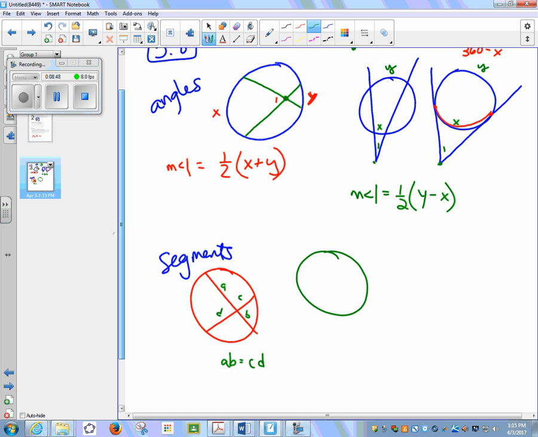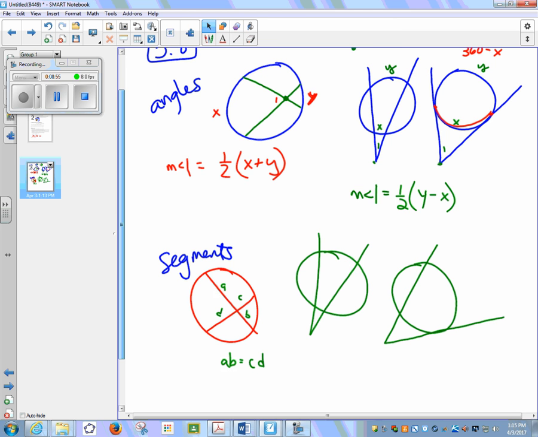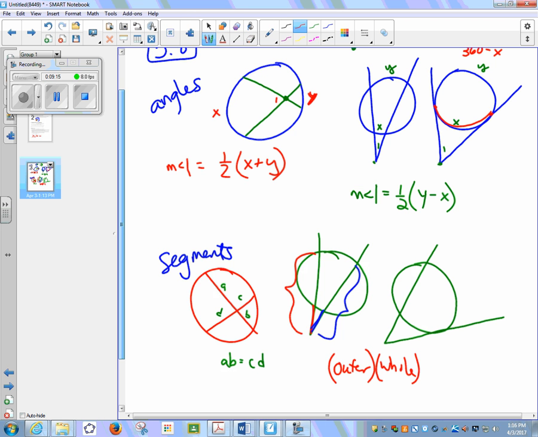Then when you have these situations where you have a secant, or a secant and a tangent, let's do it that way. These are the ones where we said think of outside times whole equals outside times whole. So let's write that. Outer times whole equals outer times whole.